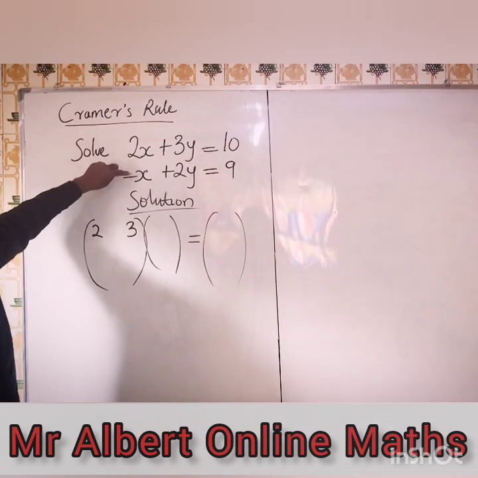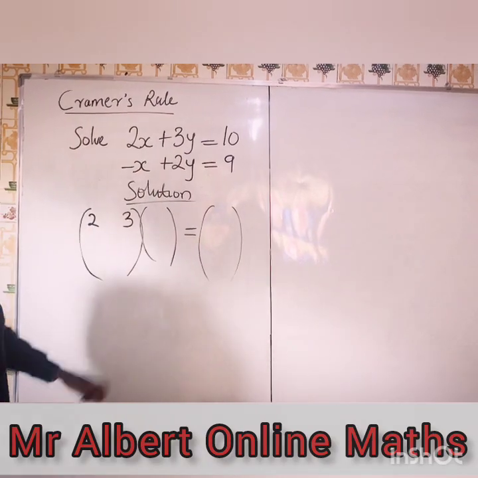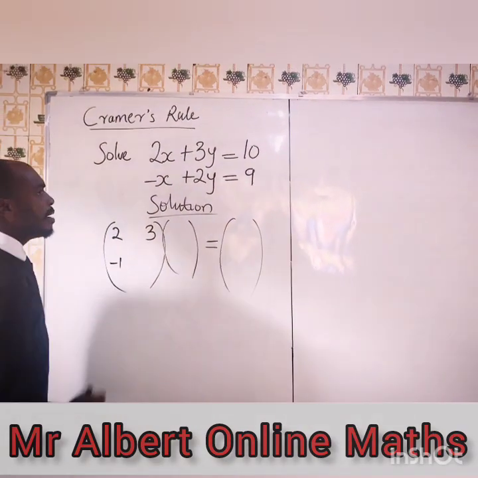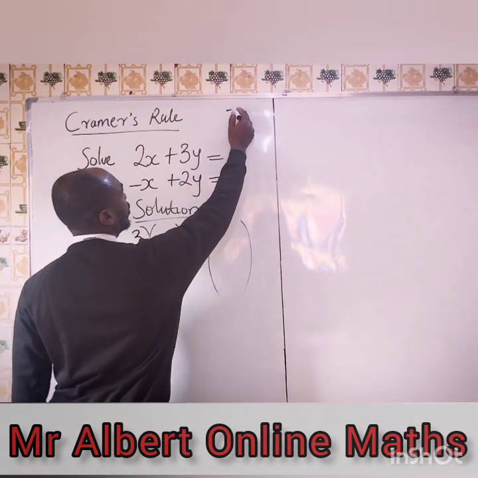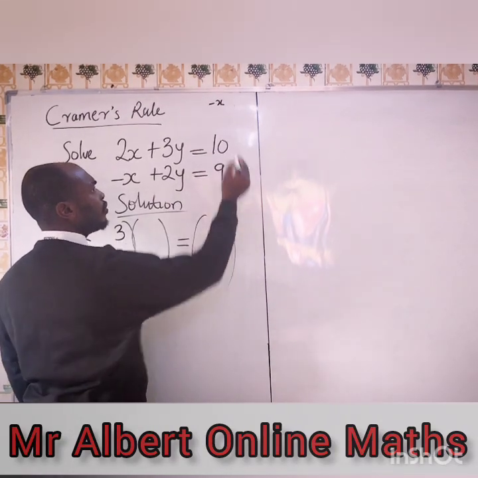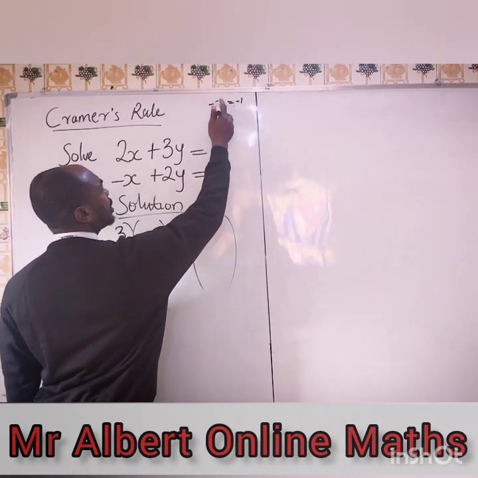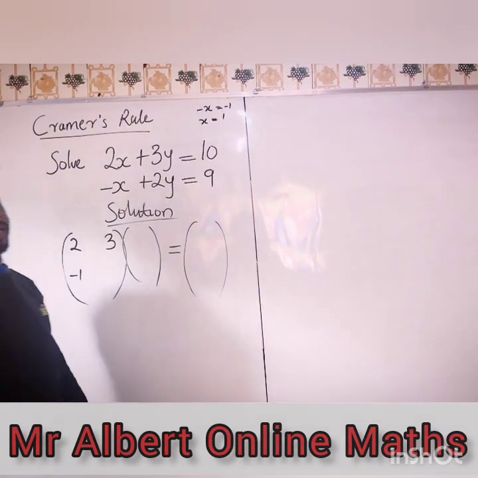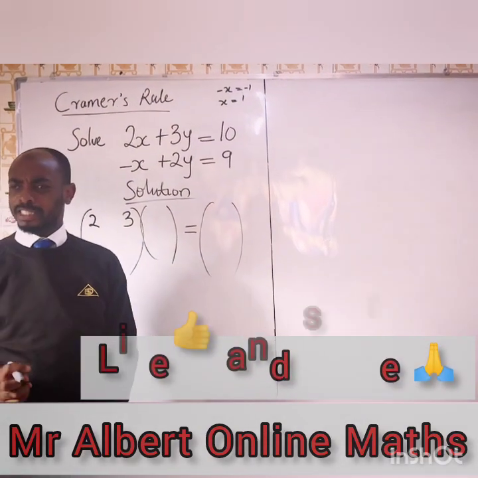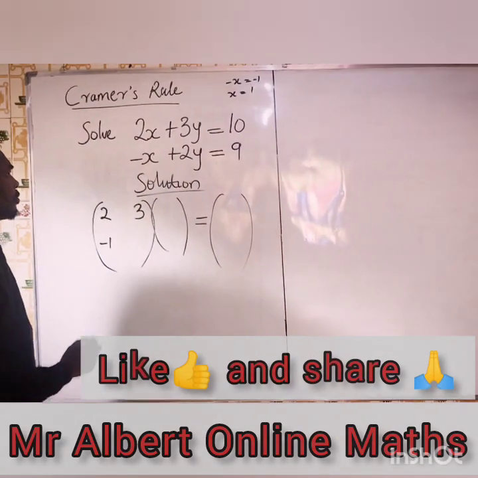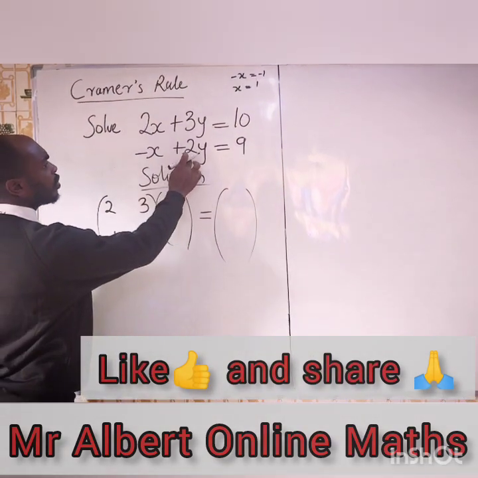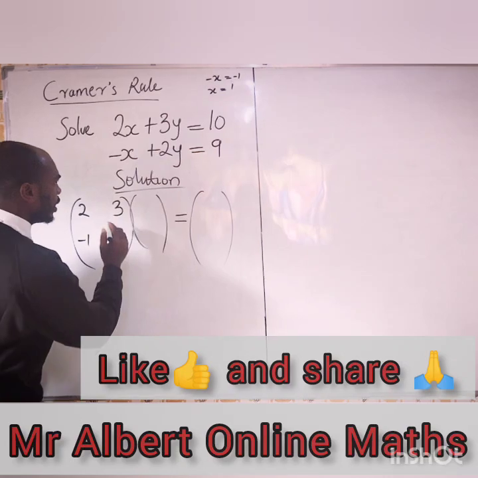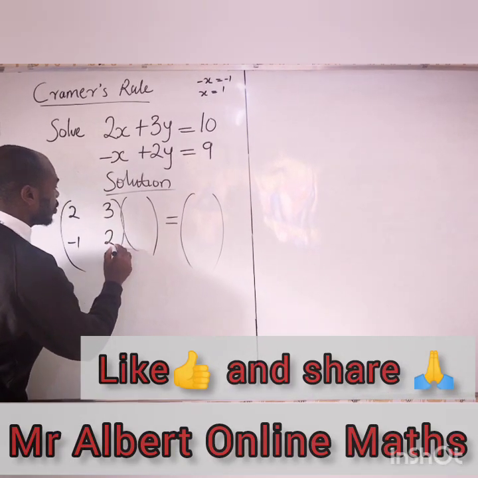And then the coefficient of x in equation 2 is minus 1. Remember, when you have something like minus x, that means the coefficient is minus 1. If you have x, the coefficient is 1. x means 1x, minus x means minus 1x. Then the coefficient of y in equation 2 is 2.